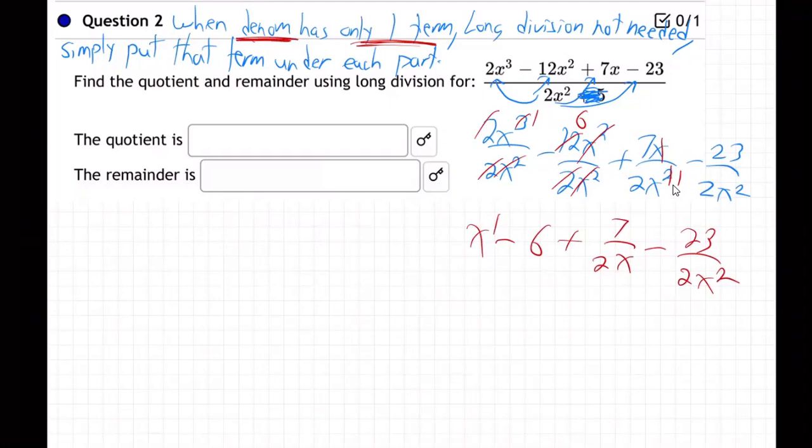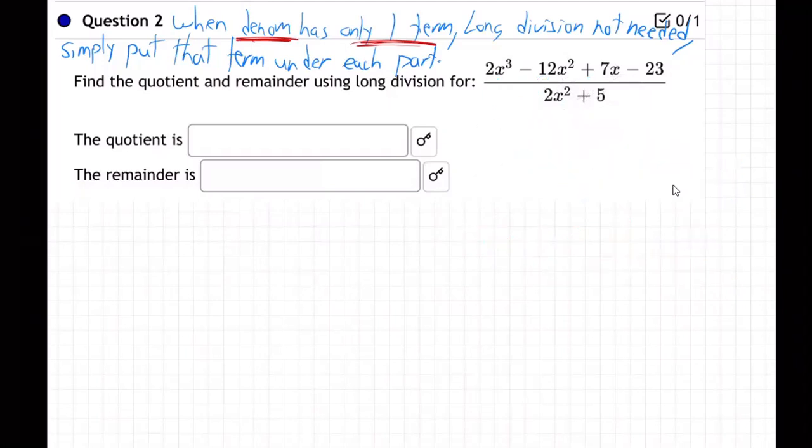But in our case, there's not just one term in the denominator, there's 2. So we can't do that. We have to actually do long division, which means you put the 2x squared plus 5, you go bottom into the top. Because we have 2 terms in the denominator, 2 or more, right? We don't just have one term.